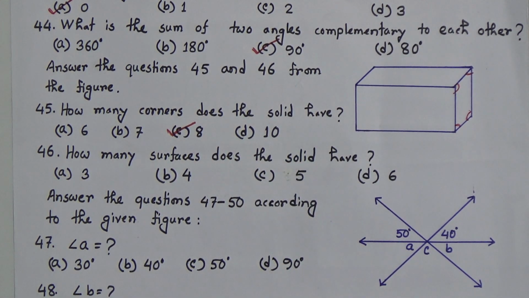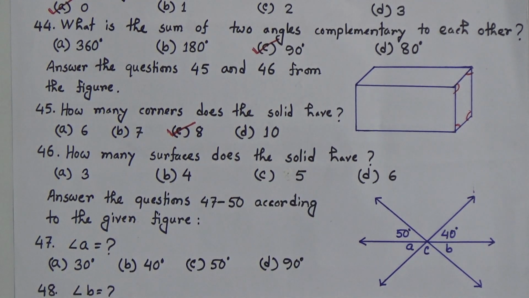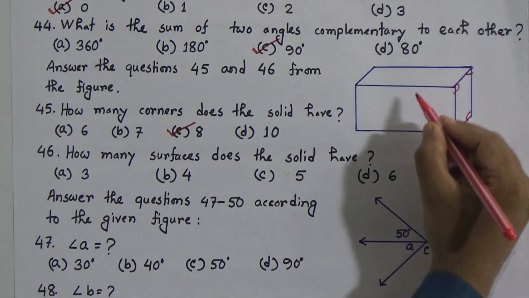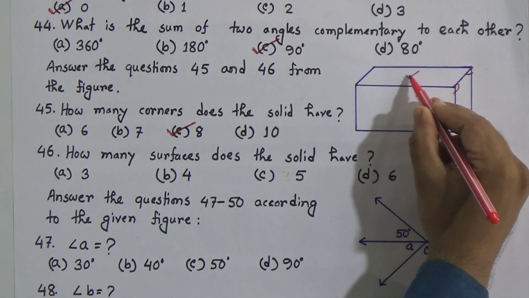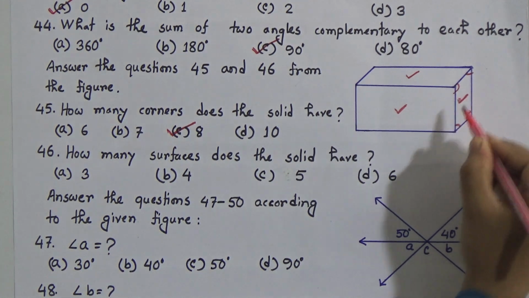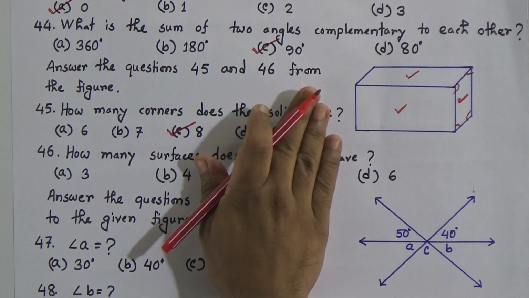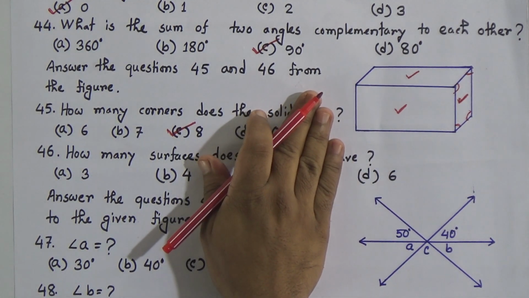Now 46. How many surfaces does the solid have? Look at the figure again. This figure shows that 1 surface, 2 surfaces, 3 surfaces are visible. But this surface is on the right side, so on the left side of this solid there is another surface.